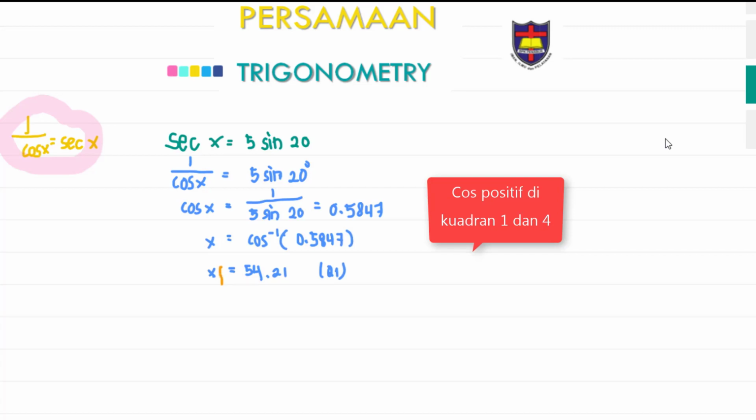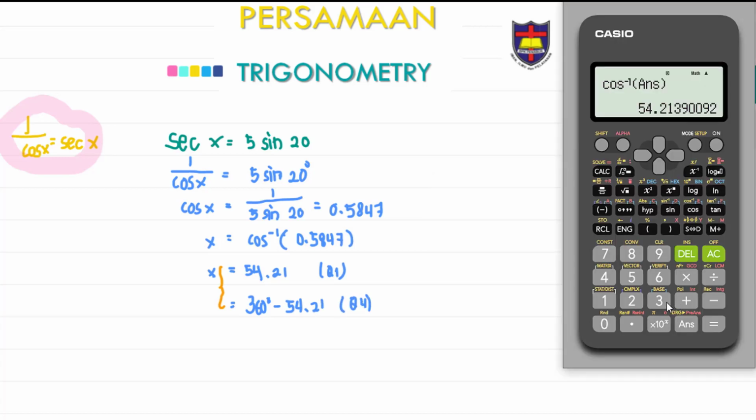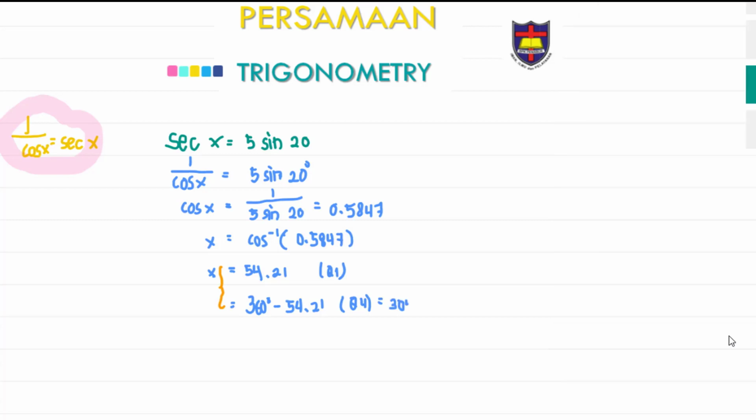We just need to convert it into quadrant 4, obtaining 360 subtracted by 54.21. Let's calculate it again using the calculator, and the answer is 305.786, or you can reduce it to 2 decimals, 305.79. That's the solution for example 3.